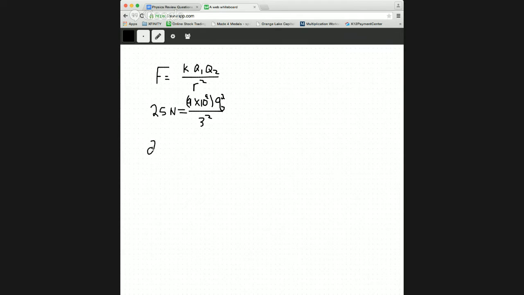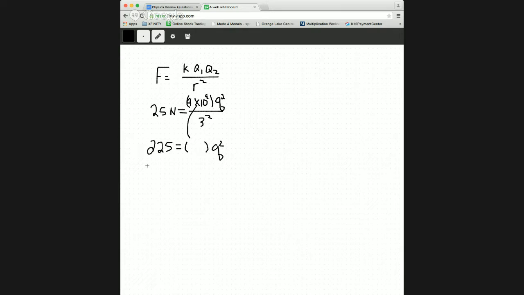So 225 equals this value here times Q squared. So we're going to divide 225 by 9 times 10 to the 9th, and then take the square root of that once you get the answer.